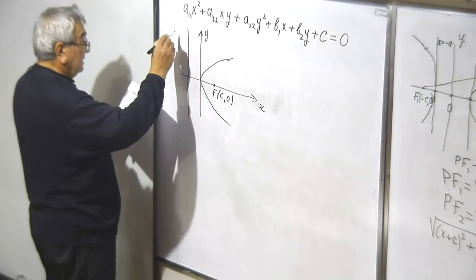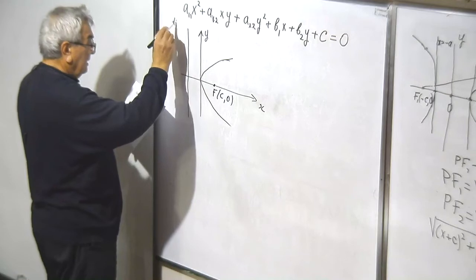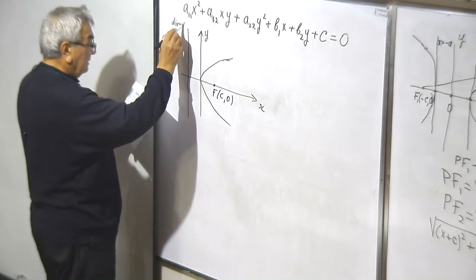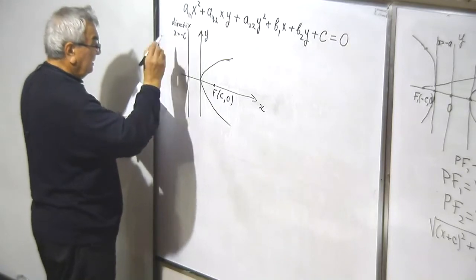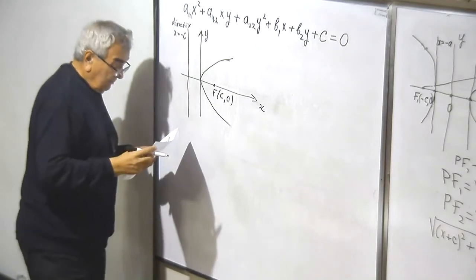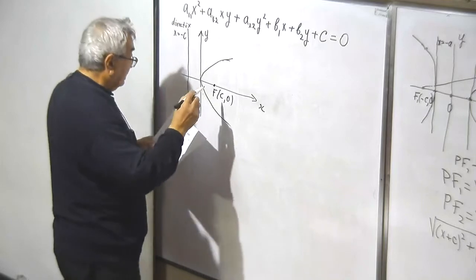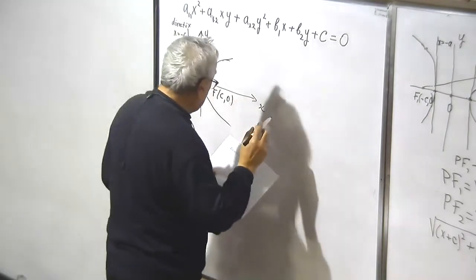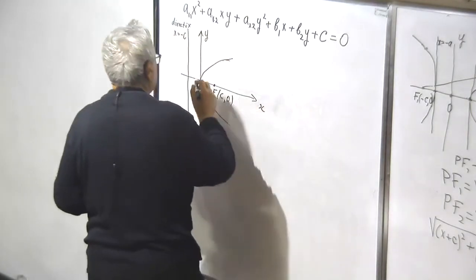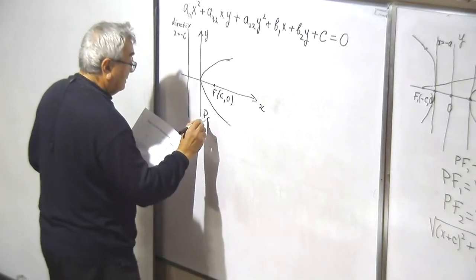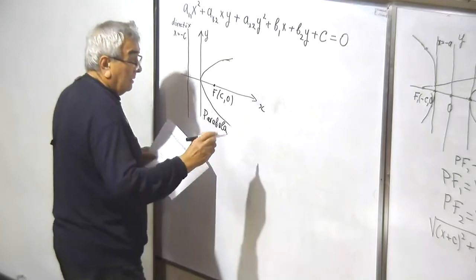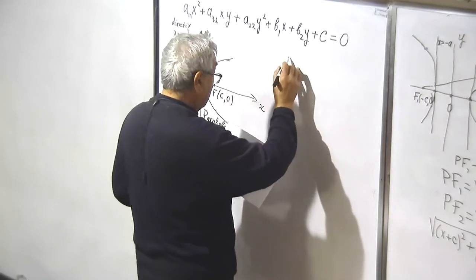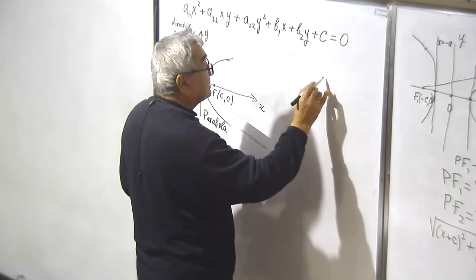This is the directrix, x equal to minus c. This is for the case of the parabola, the first conic.